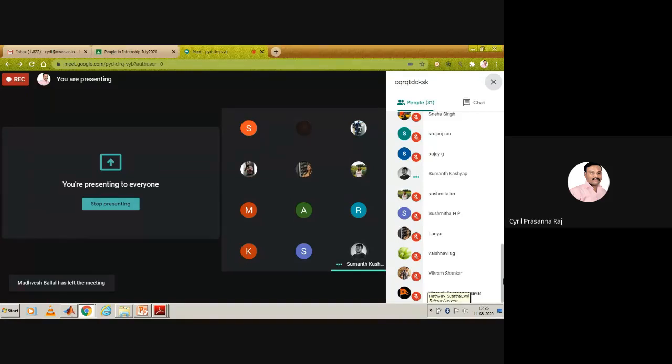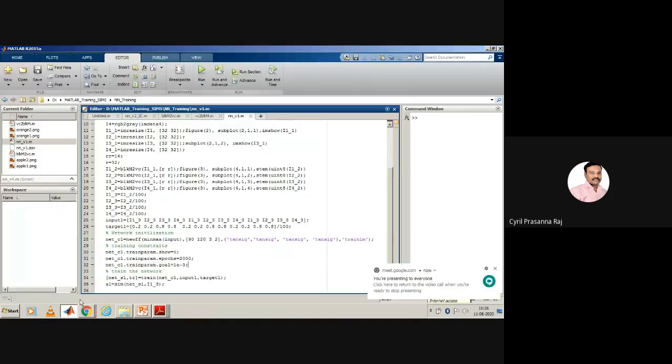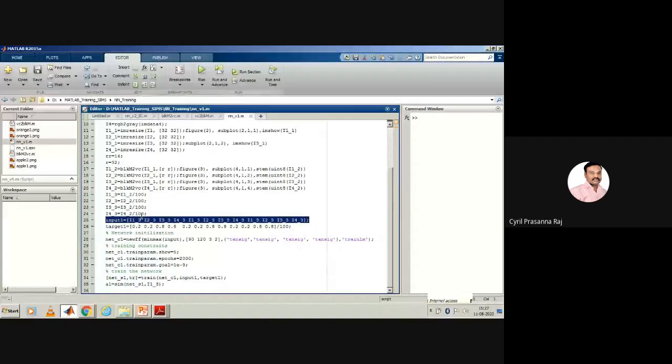Epoch refers to this: in this MATLAB program, I have taken inputs I1, I2, I3 and so on, each of size 1024 by 1. The entire input is 1024 by 12, that is 1024 rows and 12 columns. If I pass this entire data into my neural network once and ask it to process, that is called one epoch.